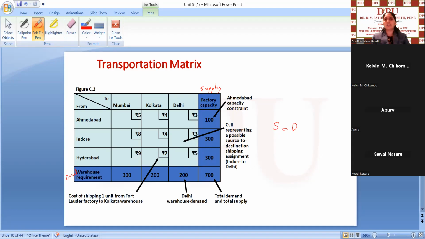We have to add a dummy row or dummy column accordingly, and then solve the problem. When supply is equal to demand, we say that this is a balanced transportation problem. As supply is equal to demand, the total of this column is equal to the total of this row. Here it is 700. That's why we are saying that this problem is a balanced transportation problem.